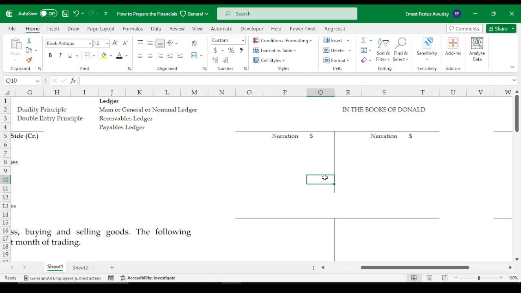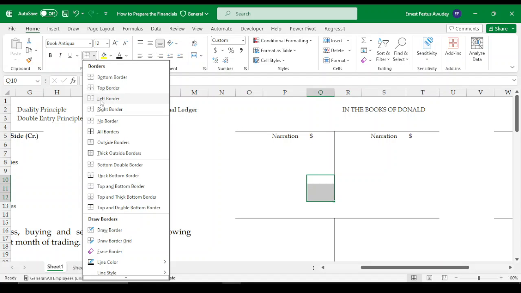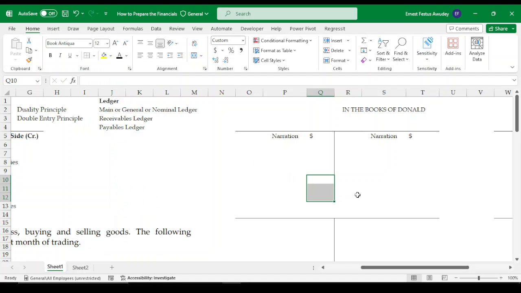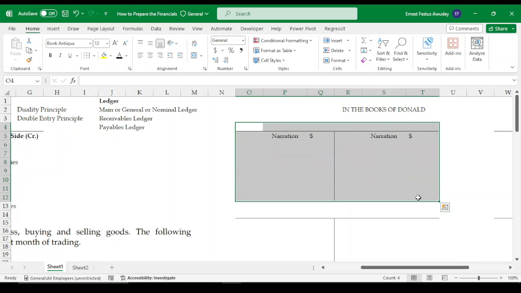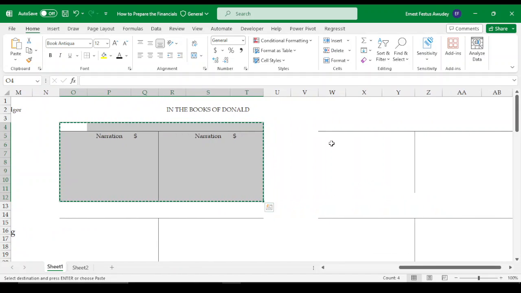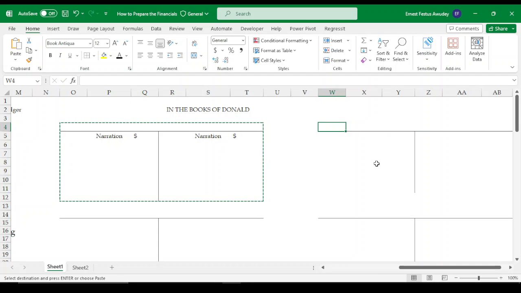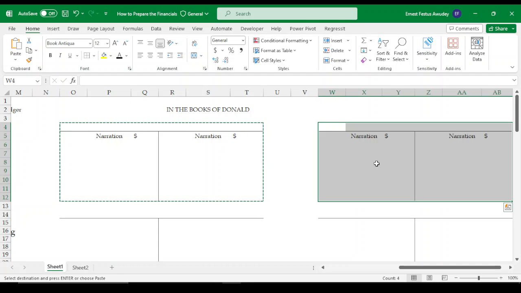And then I want to extend this a little, because I don't know the number of transactions that are going to go into each of the accounts. So I'll copy this and paste as I did previously.